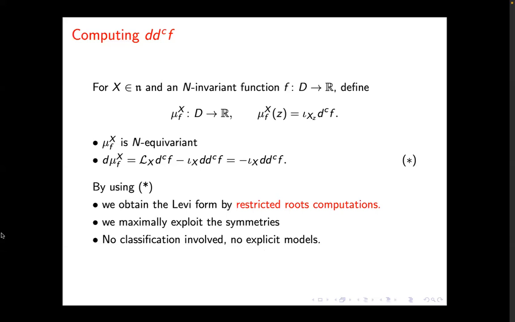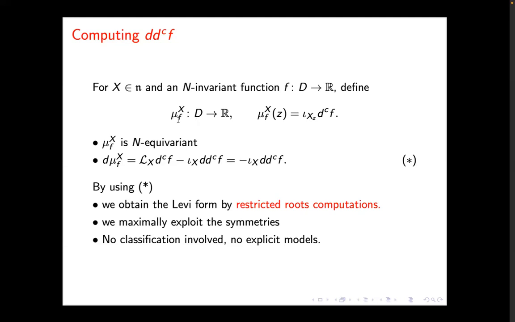using an identity which allows us to exploit the symmetries and avoid doing computations in coordinates. So if we have an N-invariant function on D, we fix an element X in the Lie algebra of N. We consider this function, which is not yet a moment map, but it is a map that behaves like a moment map. This was pointed out by Eisner in some paper.